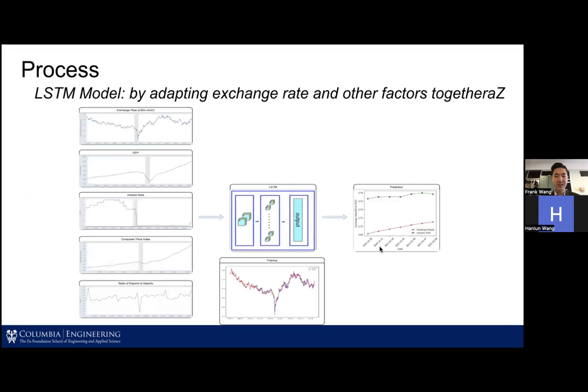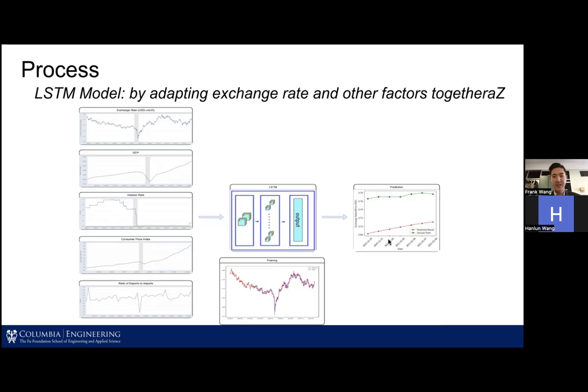Okay, as you can see in the pictures, in the left column, we use those aforementioned 5 kinds of data as input to make the prediction. We use the last day's data of those 5 kinds of data as input to this LSTM model. This figure is the training process, where the model is trying to find the trends of the exchange rate.